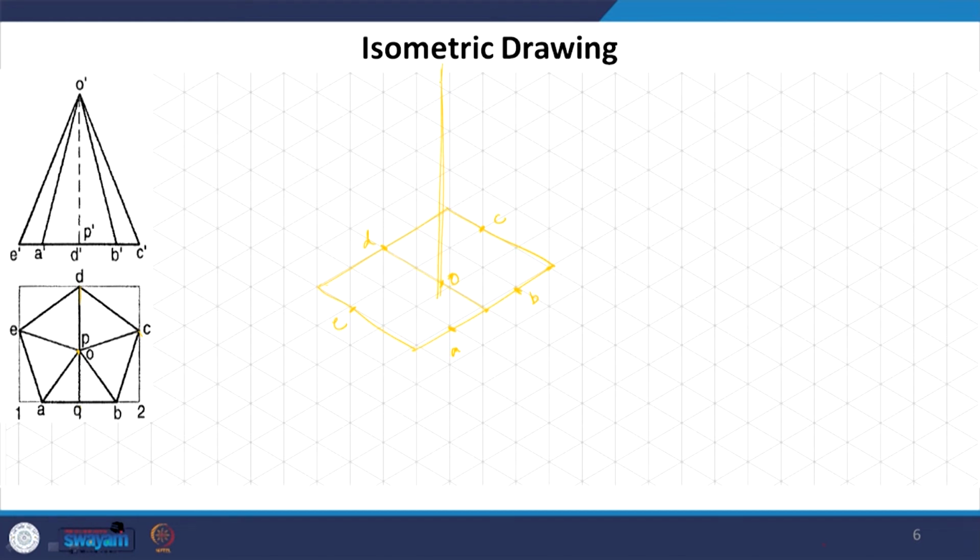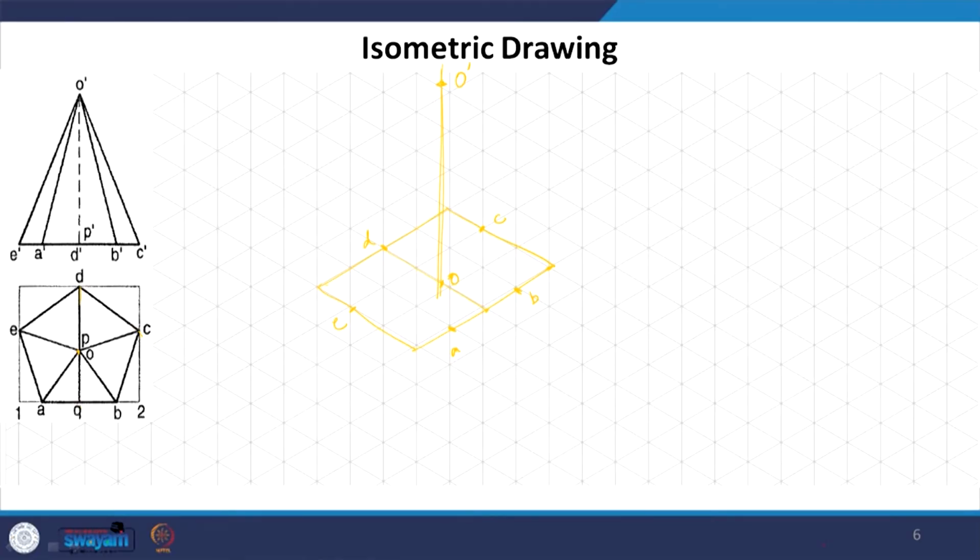On this we will take certain height, whatever the height of it is, O dash, and these are all the points of this pyramid. Very simple. All we did was have a reference in the bottom. Unlike prisms, we do not have to take the rectangle up in the height, not necessary. All we have to do is arrive at this apex point here, and then we can finalize the object.